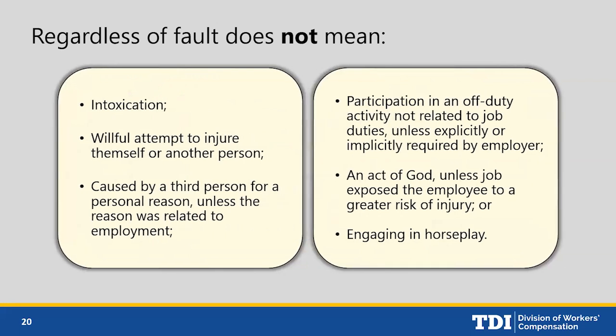The last 3 are participation in an off-duty activity not related to the job, unless they were absolutely required by the employer to do that off-duty activity. An act of God, unless the job exposed the employee to a greater risk of injury, or engaging in horseplay. So you see the exceptions to liability are all there in the Texas statute.